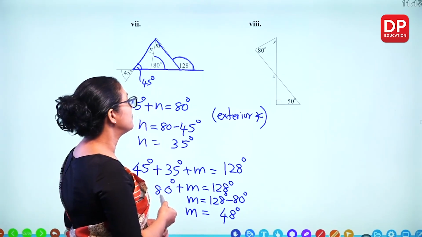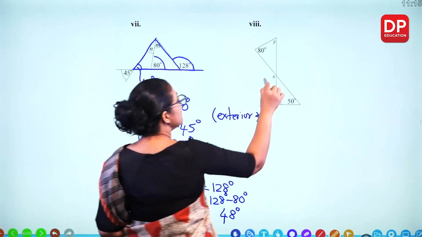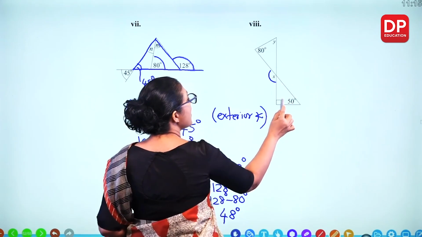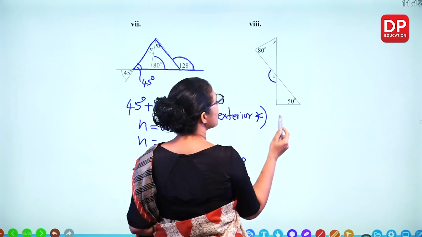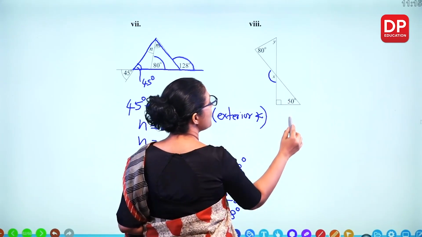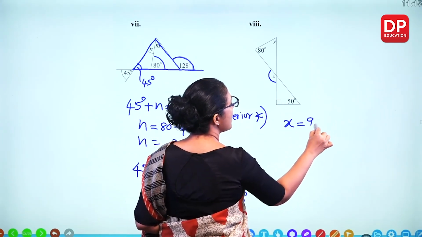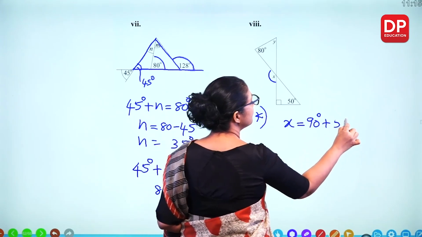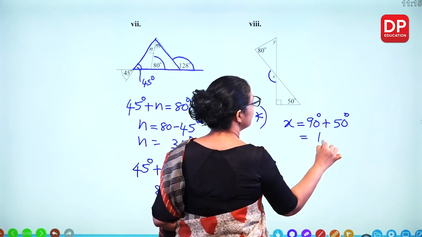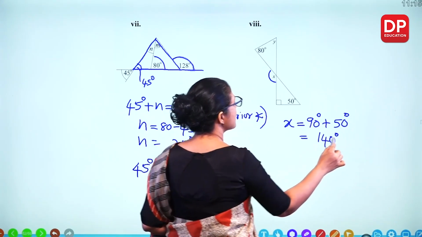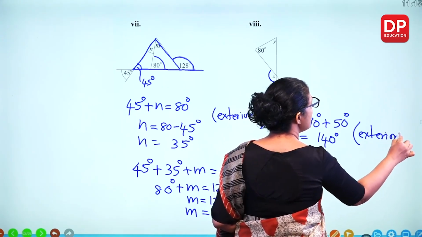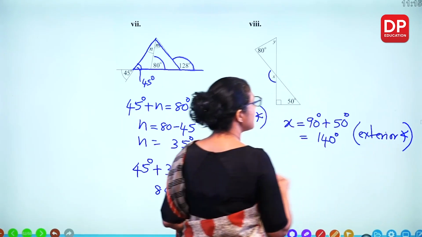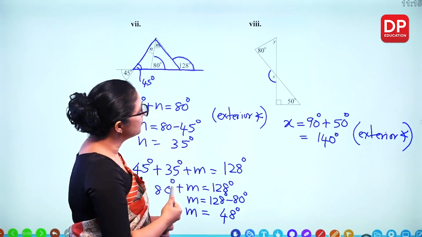Look at this one. This is the exterior angle to these two interior angles, the opposite interior angles. So we can write x is equal to 90 plus 50, 140 degrees. Exterior angle is equal to the sum of opposite interior angles.